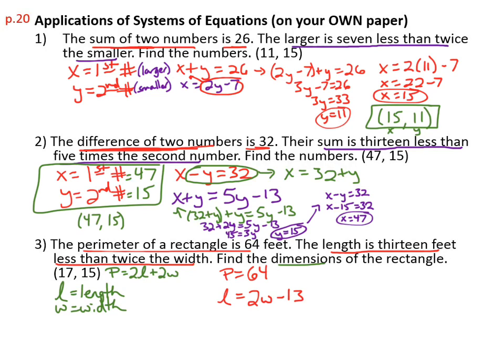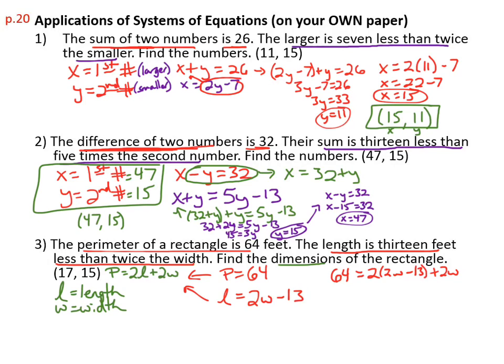So if our perimeter is 64, we're substituting both of these into that perimeter formula. So we're going to have our perimeter of 64 is equal to 2 times the length, which we said was 2W minus 13, plus 2 times the width, so plus 2W.